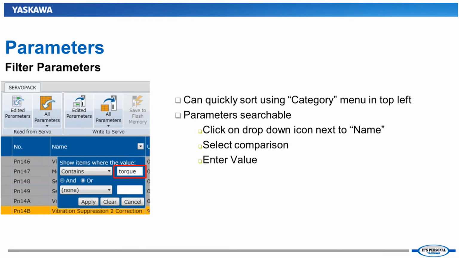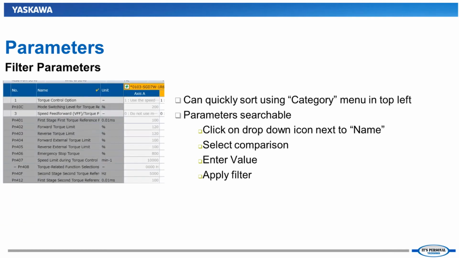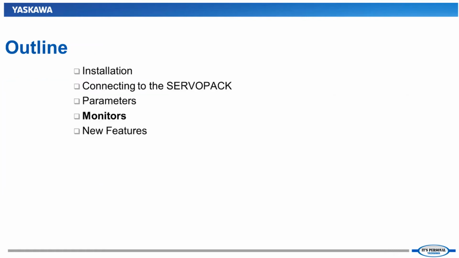So in this one, I'm looking for any parameter that relates to torque. So the parameter would contain torque. I hit apply, and then, as you can see, my parameter list was filtered to only show those parameters that contain torque in the name. That's a pretty handy feature if you're looking for a specific parameter and don't remember the number.